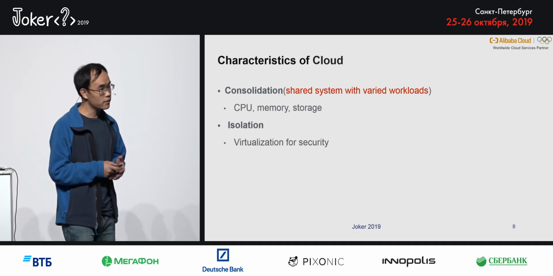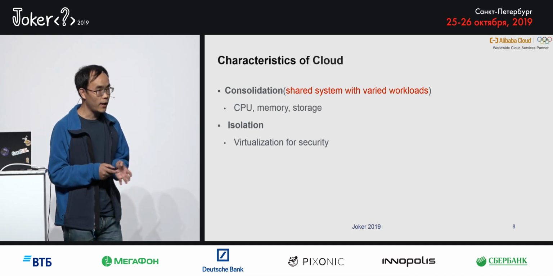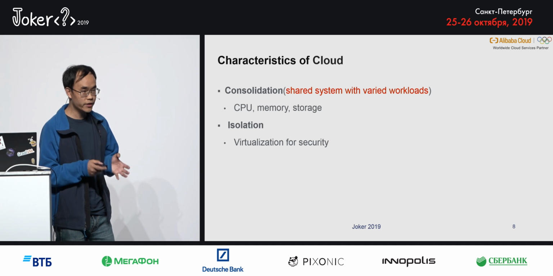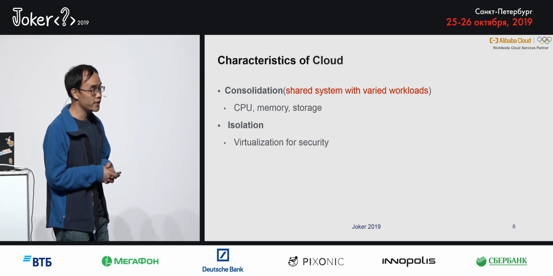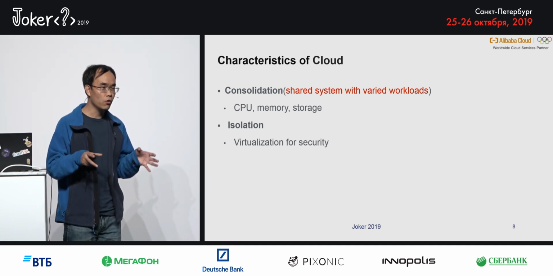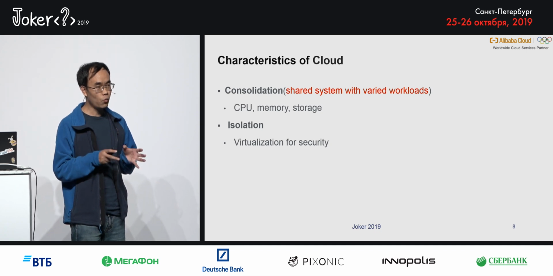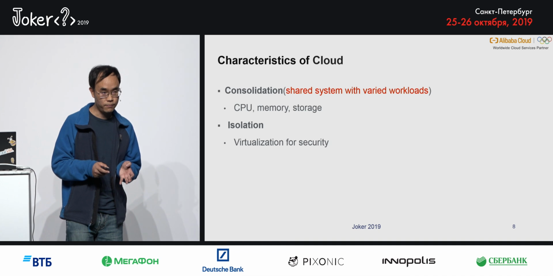For this, I list two important characteristics of cloud. The first thing is that by using cloud, you can do consolidation. It means you can run multiple workloads on the same physical machine, and different workloads use CPU and memory from the same system.